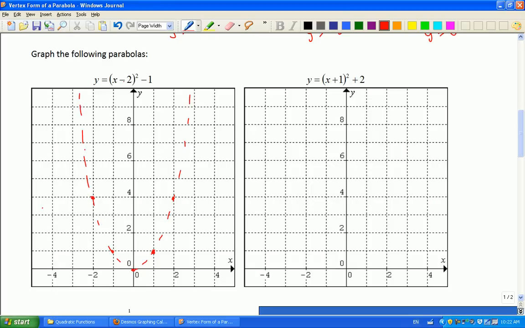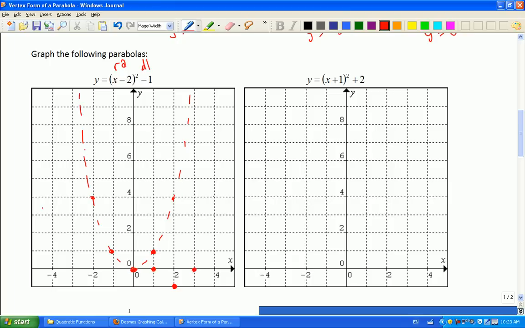Now it's going to be moved 2 to the right and down 1. So this vertex here is going to go 2 to the right and down 1. So that's where the vertex is now. Every single point on that graph is going to do the same thing. So that means these 2 points here are going to be 2 to the right and 1 down.